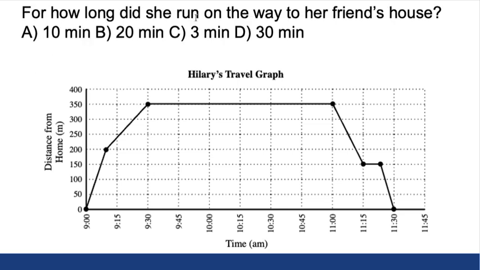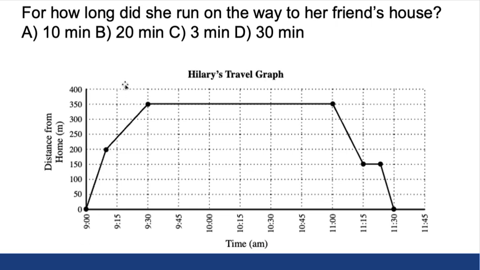For how long did she run on the way to her friend's house? If you see in the original question when I read, she runs for a while and then walks the rest of the way. By seeing these two points, because this line is steeper, I'm assuming that this is the running bit.